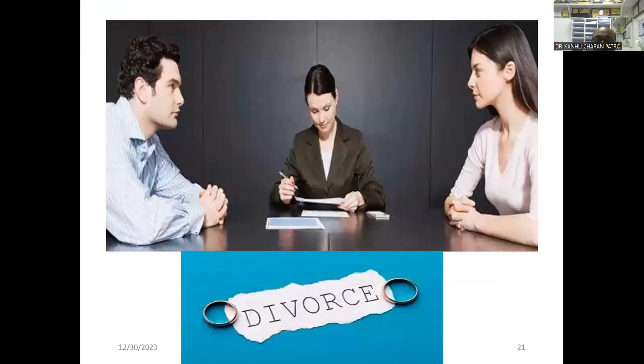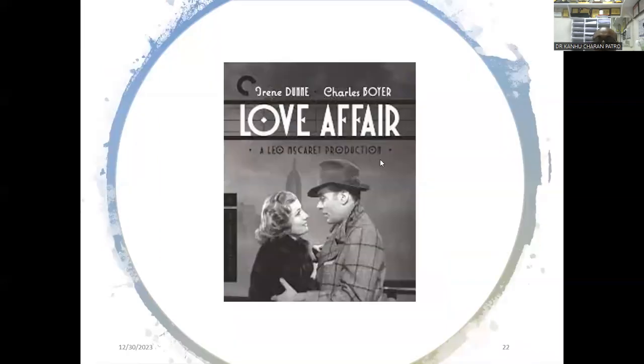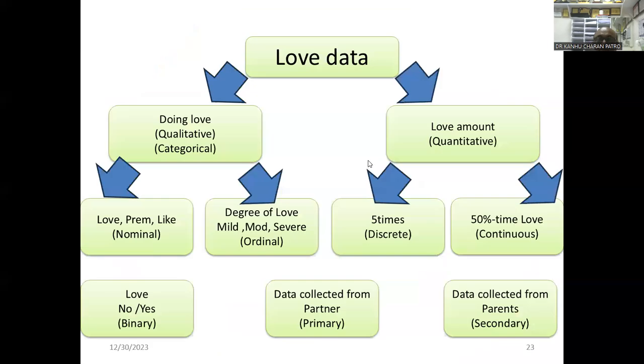Suppose a couple went to a divorce lawyer, and the divorce lawyer asked about their love affairs and fightings. What are the love affairs, how they love each other. So they found the love data. Doing love is called qualitative data. They loved each other, it's categorical and qualitative data.